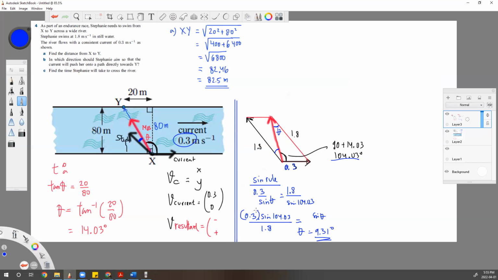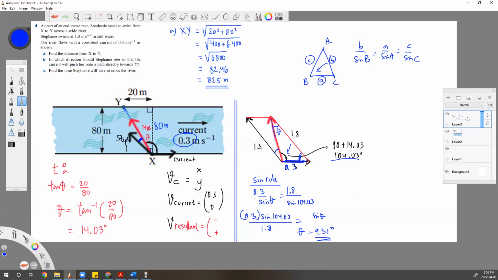But for the sine rule, how do you make them equal to each other? The sine rule is always like this. Let's say this is A, B, C. So this is side A, side B, side C. The sine rule is B over sine B, the opposite angle, equals A over sine A equals C over sine C. In this case, 0.3 over sine theta equals 1.8 over sine of the opposite angle, 104.03, and equals this over sine this.